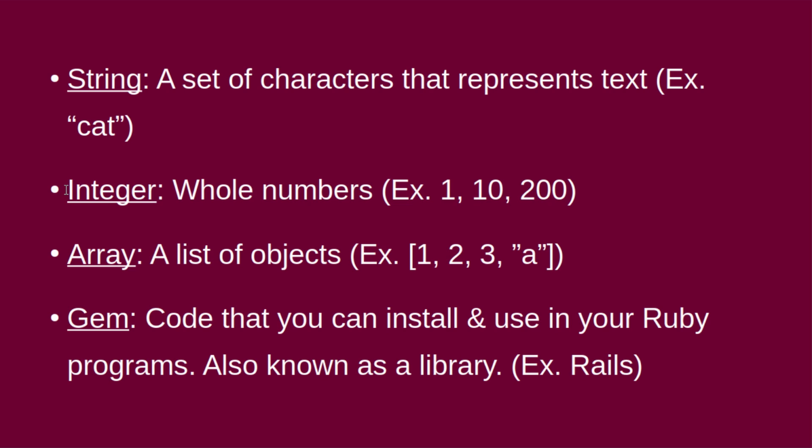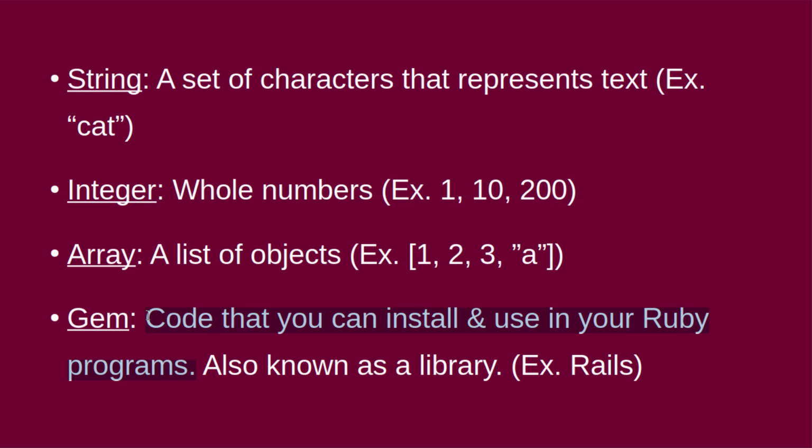Then we have another term that you might be familiar with. It's gem. And when we're talking about gems, I mean Ruby gems. What's a Ruby gem? Well, a Ruby gem is code that you can install and use in your Ruby programs.